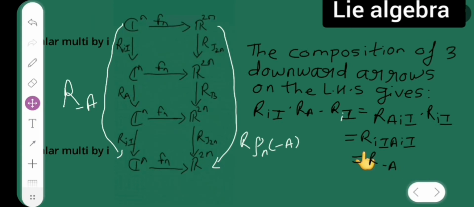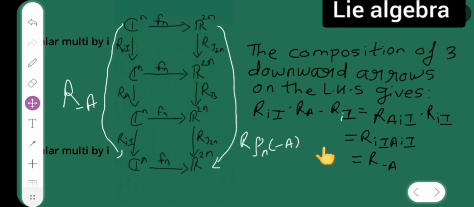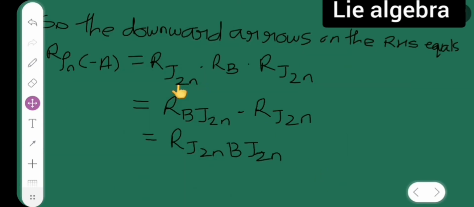So next is my downward arrows on the right hand side, which equals rho_n of minus A. Here I have taken the downward arrow from the right hand side. So what I am getting, rho_n of minus A is equal to J_2n into rho(B) into J_2n. Okay, and I have written it here.